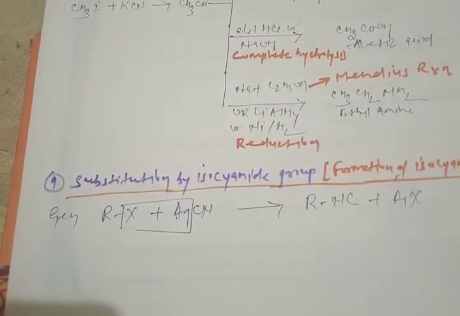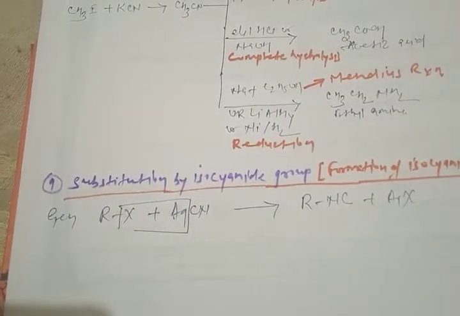The first is the general equation. The general equation is RX plus AgCN, and this will give you RNC plus AgX.